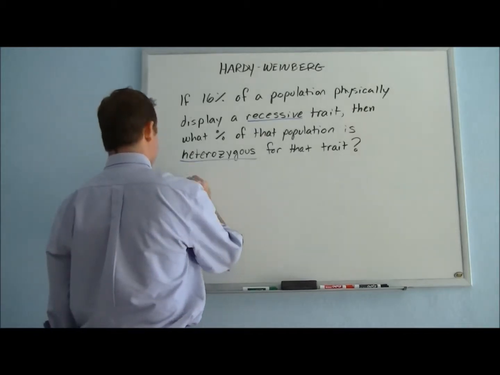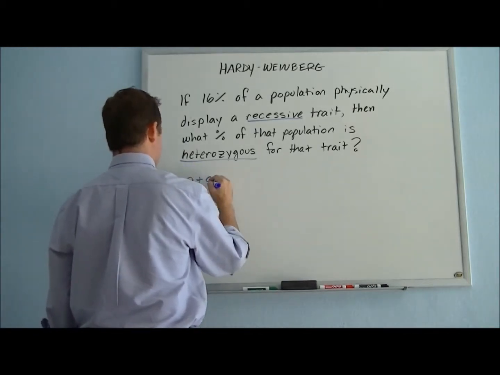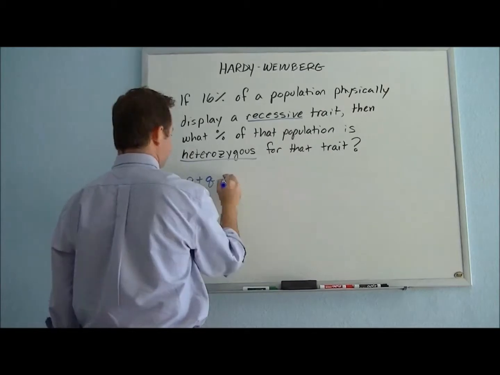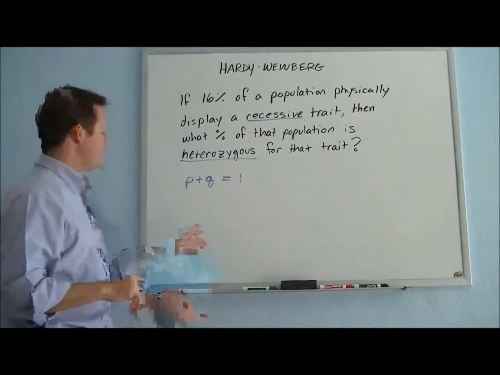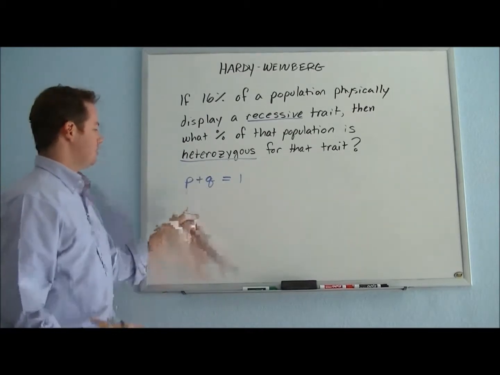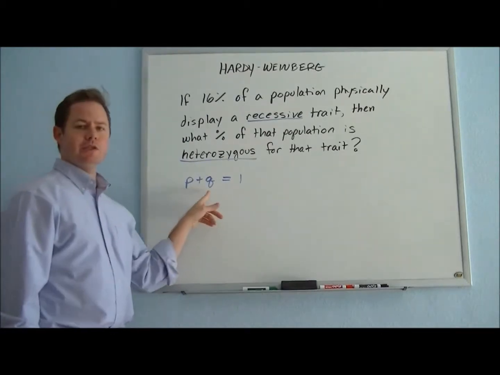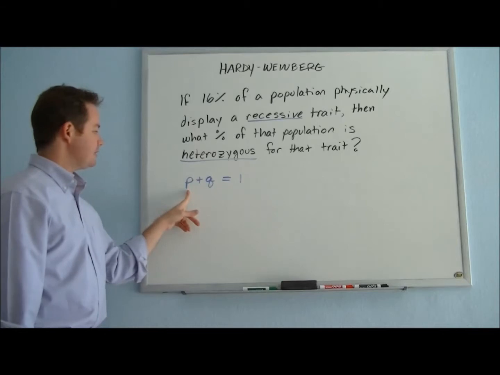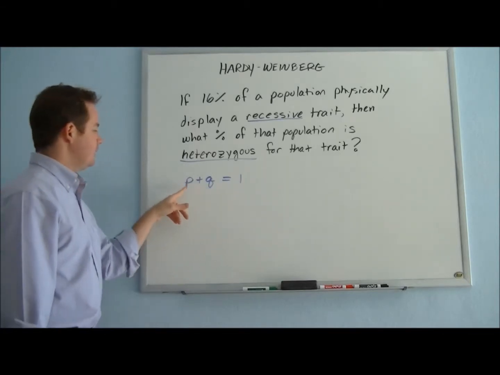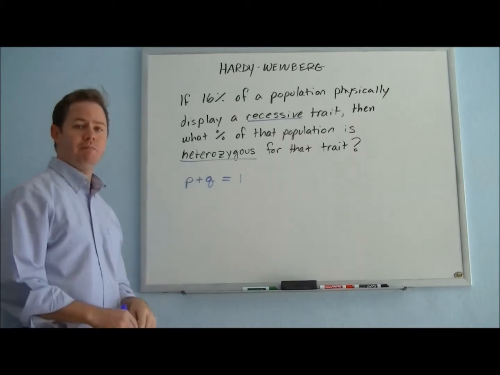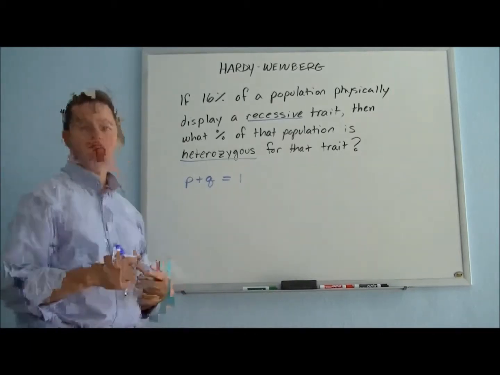So for Hardy-Weinberg equations, we know that P plus Q equals 1. What this means is that the frequency of each of your alleles, your dominant allele and your recessive allele, P and Q respectively, will together add up to 1, because those are the only two types of allele.